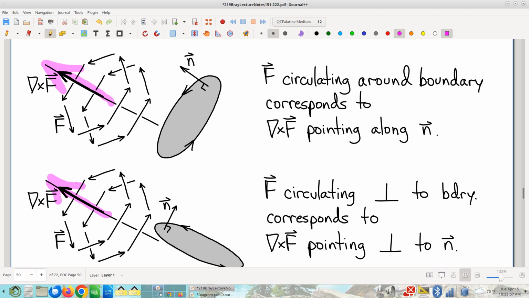So, if I have a little piece of surface, will I pick up that amount of circulation per unit area? No, absolutely not. Maybe if you're oriented the right way. If your normal is in the same direction as the curl, then yeah, sure.